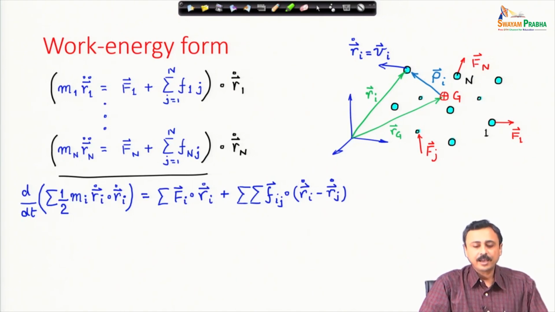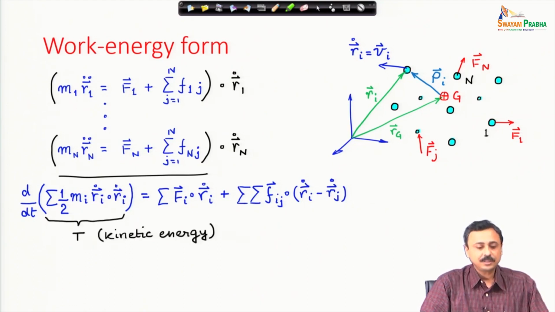On the right hand side, I have the summation of F_i dot r_i dot. That means the dot product of the force acting on the ith particle with the velocity of the ith particle, summed over all particles. And I have a double summation of the internal forces F_ij dot the velocity of the ith particle minus the velocity of the jth particle. The double summation is over i and j.